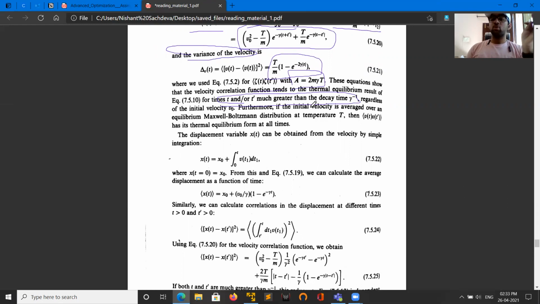Furthermore, if the initial velocity is averaged over an equilibrium Maxwell-Boltzmann distribution at time t, then the average of v(t) v(t') has its thermal equilibrium form at all times. Interesting, all times. The displacement variable x(t) can be obtained from the velocity by simple integration. Nothing special to be done here, simply integrate v(t).